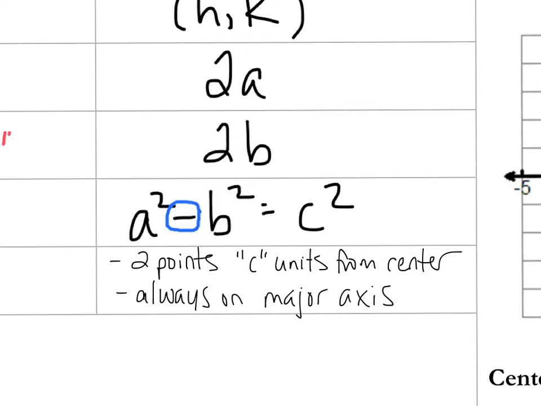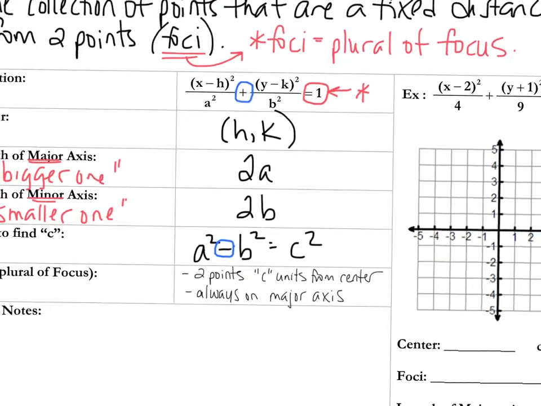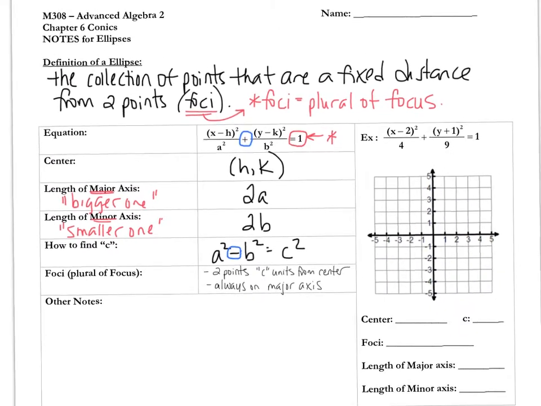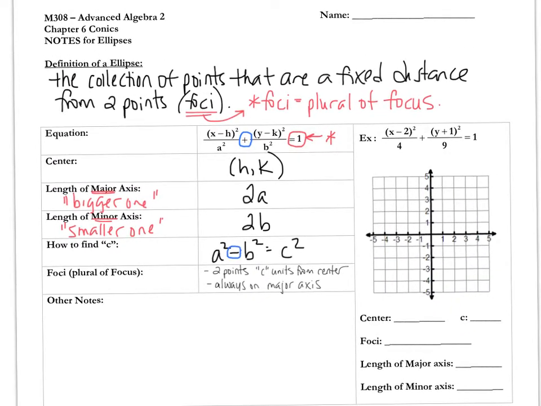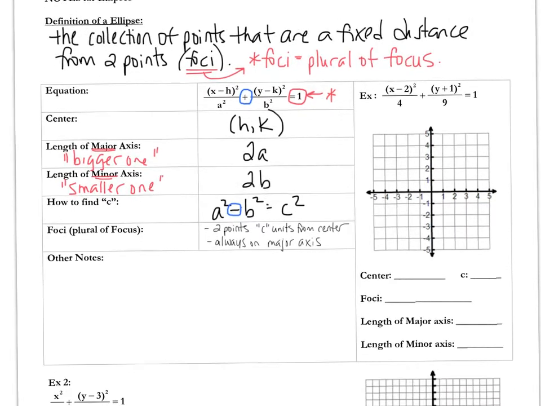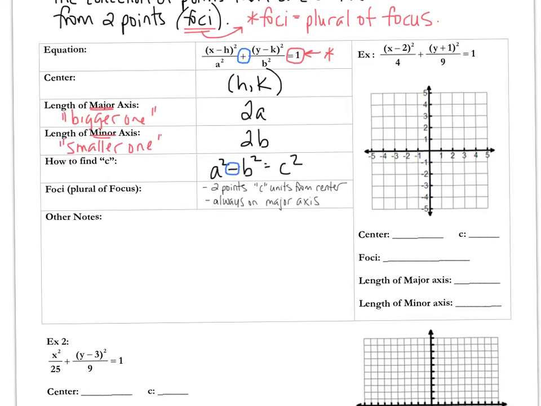Okay, so two kind of pretty important things there involving the focus. So what you've noticed is that for this whole chapter we've kind of filled in these charts that don't really make that much sense so far. But you just kind of fill it in and it's there in case you get confused when you're doing a couple example problems or whatever. So once we do that example there on the right, it'll make more sense as far as where I'm getting all these weird formulas and stuff from and what they're used for.